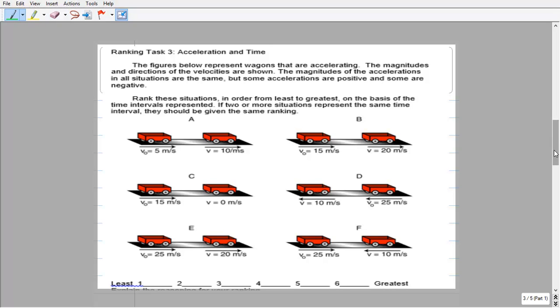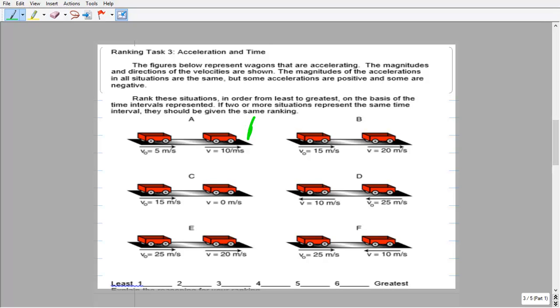And so therefore the question is, how long would it take to accomplish the change that is indicated? So for example in A, I initially was going at 5 meters per second. I wound up at 10 meters per second. And so let's say that the acceleration was positive 5 meters per second per second.